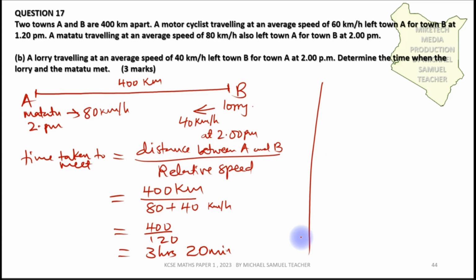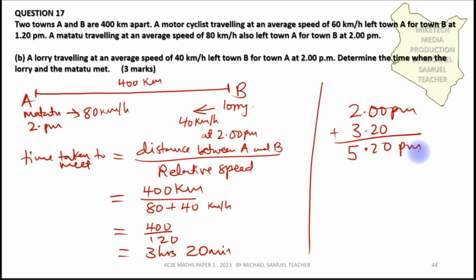So from 2 p.m., after 3 hours 20 minutes, that is when they met. So by 5:20 p.m., or in the 24-hour clock system, 1720 hours.